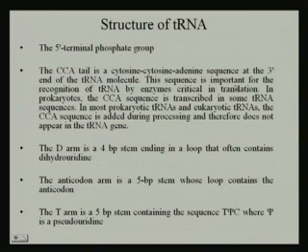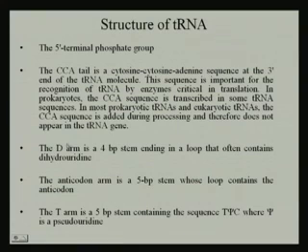This sequence is important for the recognition of tRNA by enzymes critical in translation. In prokaryotes, the CCA sequence is transcribed in some tRNA sequences. In most prokaryotic tRNAs and eukaryotic tRNAs, the CCA sequence is added during processing and therefore does not appear in the tRNA gene.